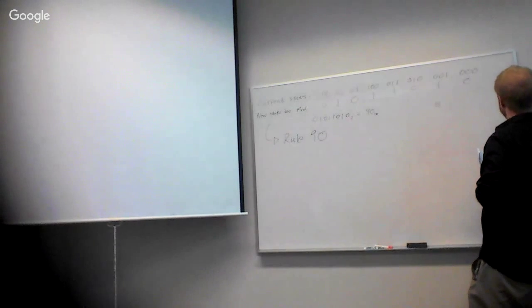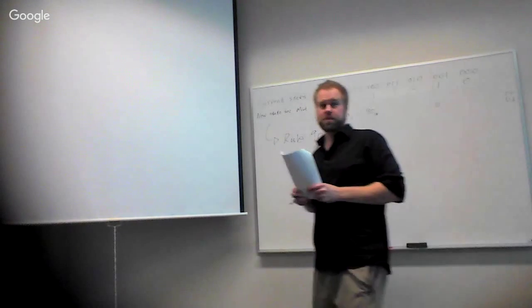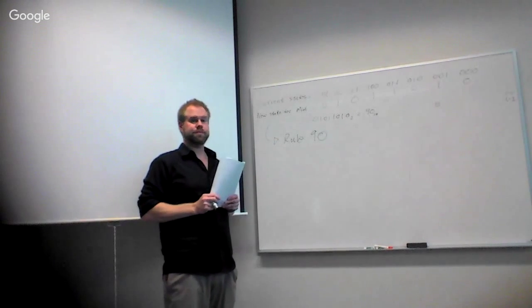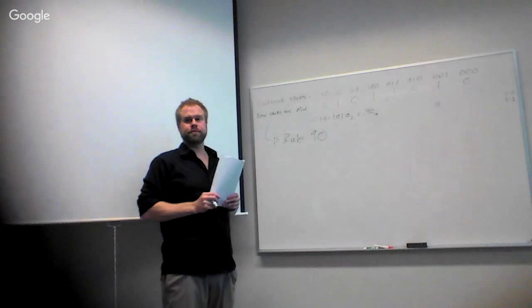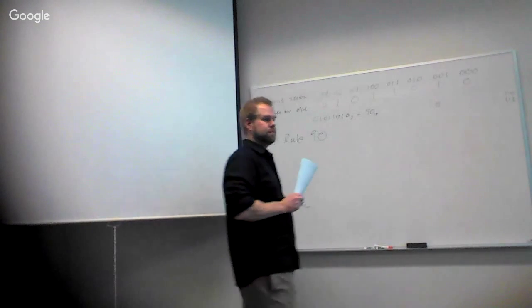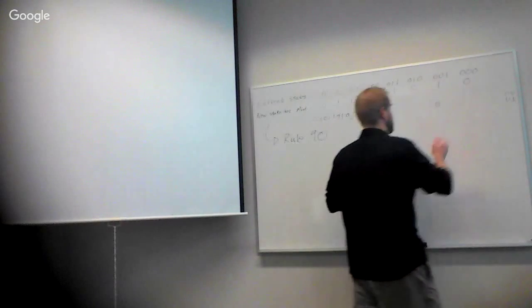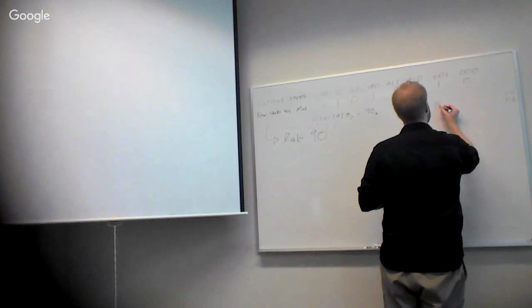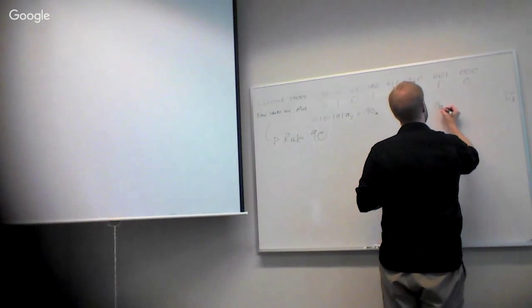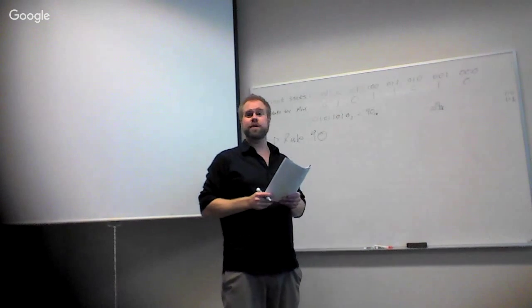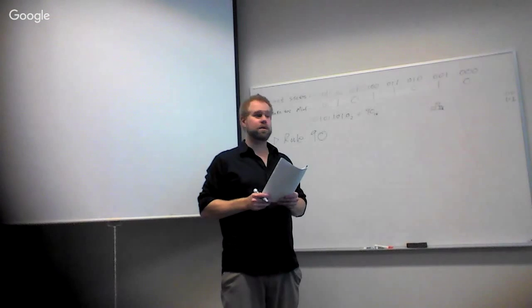At t equals 1, in some arbitrary time unit, what's the system going to be? So this guy is going to turn off, and his neighbors turn on. Does everybody see that? Yeah?